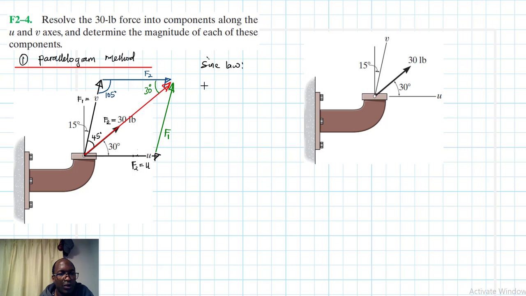So sine 30 divided by F1 is equal to sine 45 divided by F2, which is all equal to sine 105 divided by FR.